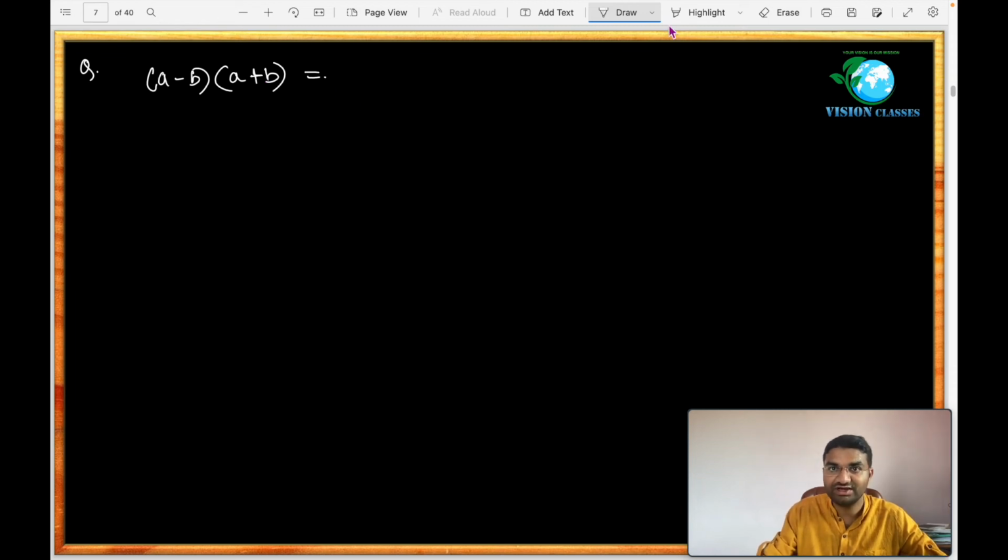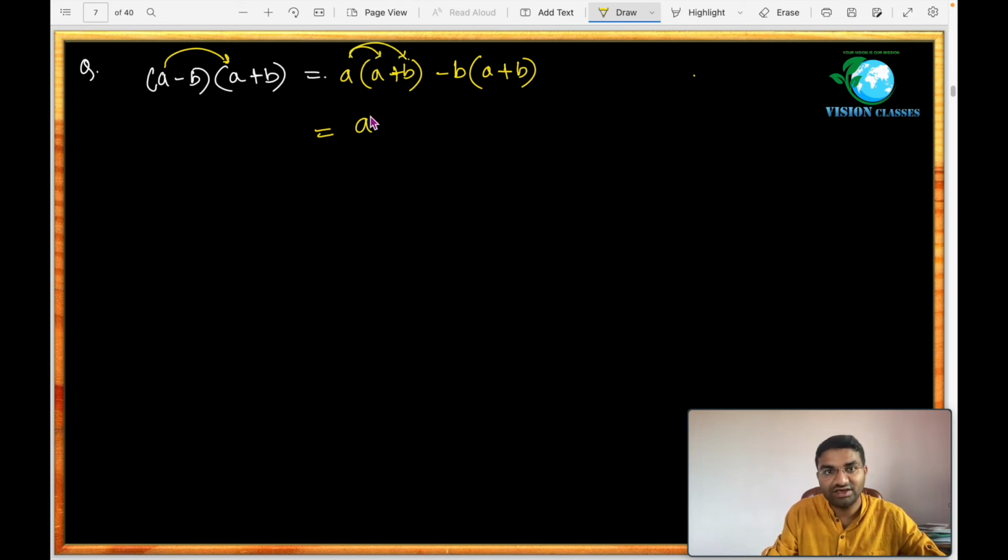When you simplify this, look at what we get. a times (a + b), then −b times (a + b), which is equal to a times a is a², a times b is ab, a² + ab, then minus ab minus b². Getting it? a². Then look at this: ab and ab get cancelled out and we get a² − b².